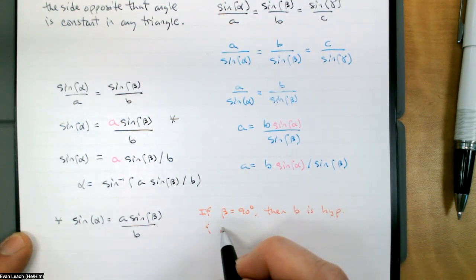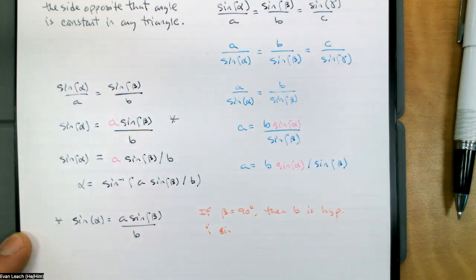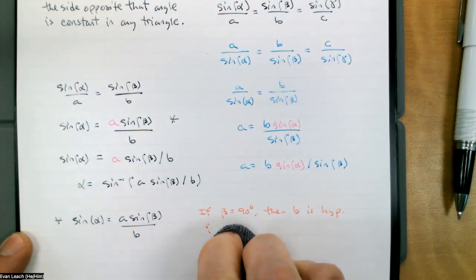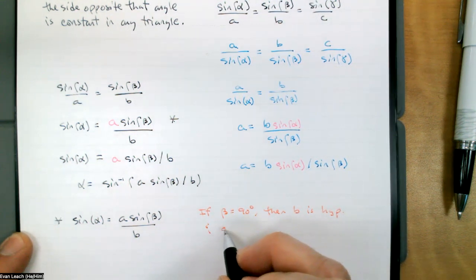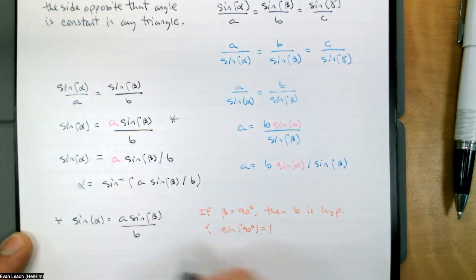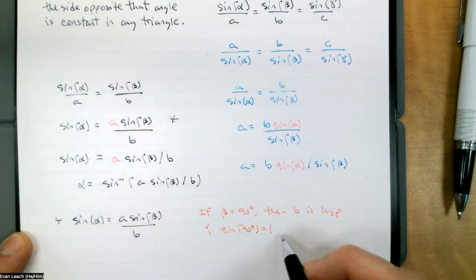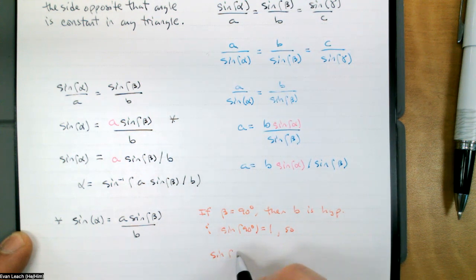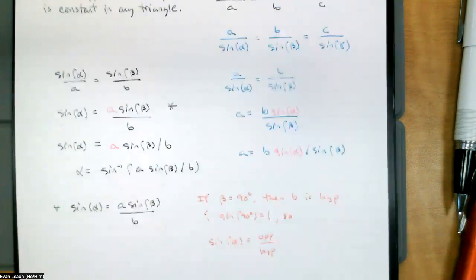And the sine of 90 is equal to 1. So this statement becomes sine of alpha is opposite over hypotenuse, because the sine of beta will become 1 if beta is a 90-degree angle.